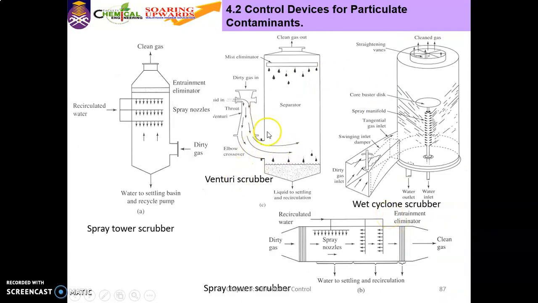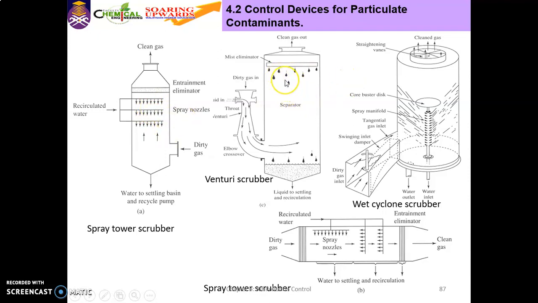So these are the differences between the spray tower scrubber, Venturi scrubber, and wet cyclone scrubber. Three types. For the spray tower, it can be in both designs, either vertical or horizontal. Normally the dirty gas in will come in from the bottom, and then it has liquid droplets.